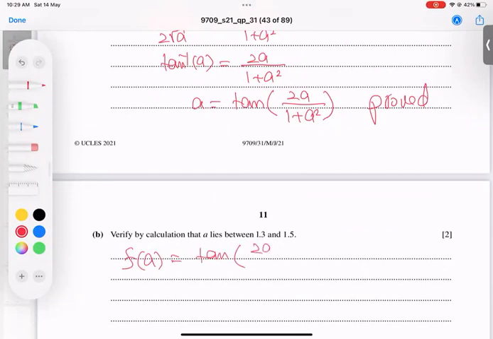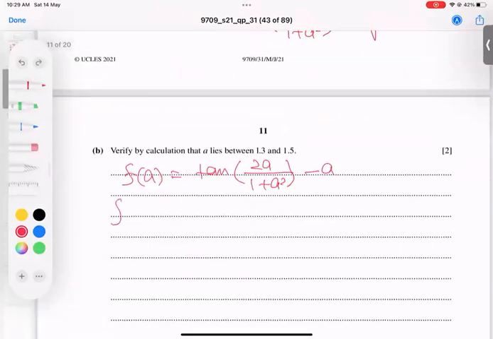So 2a over 1 plus a square and negative a. Now I'm giving this the name of a function, f of a. Why a? Because a, that is why a. After this, what is the plan of action? Simply, I will plug in both values, one time 1.3 and one time 1.5.